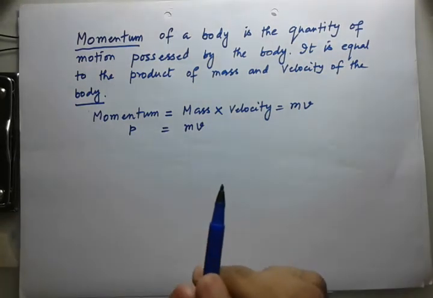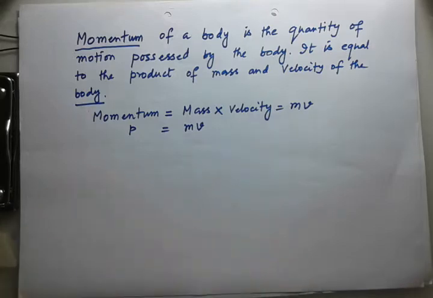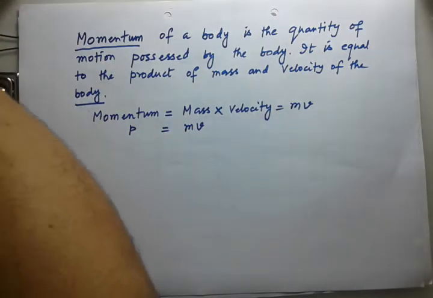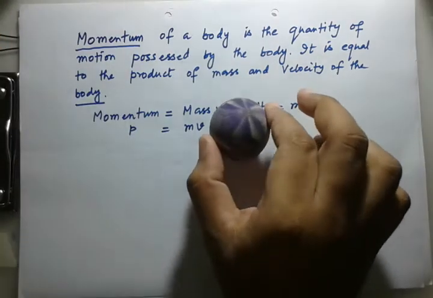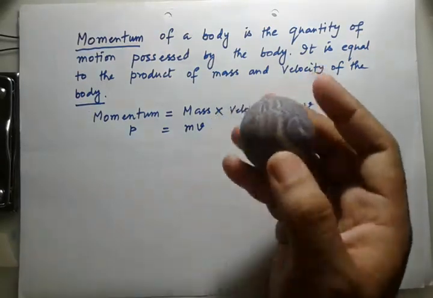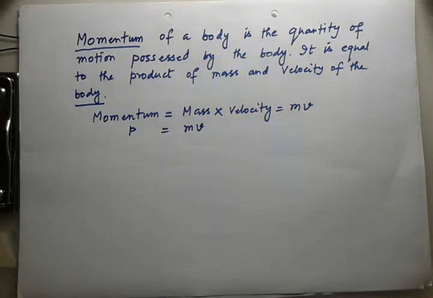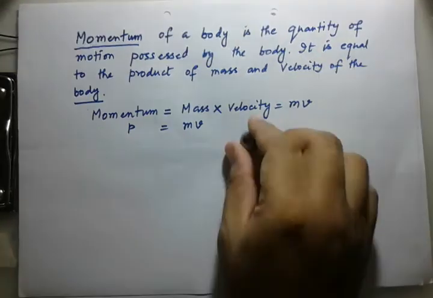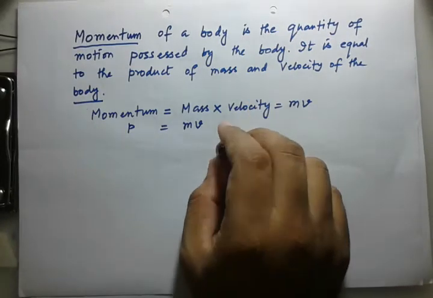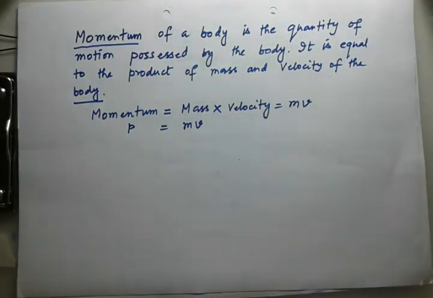So this is the momentum. From the above experiment, you can say this bigger ball has more momentum because it has more mass, and the small ball has less momentum because it has less mass.